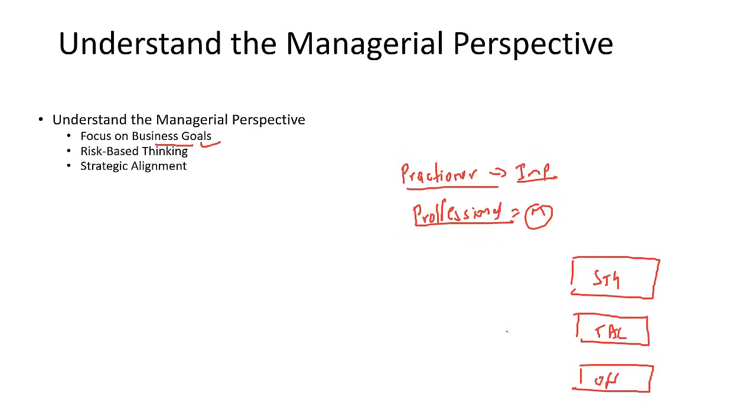Now the CISM person comes on the professional side. He understands the business, the requirements, and the regulations, and based on that, he will do the risk assessment, suggest the control, and get the control implemented by the operations team. That is how things work. So the professional understands the business and analyzes the requirement, and the practitioner implements the solution. So in CISM, you have to think like a professional.